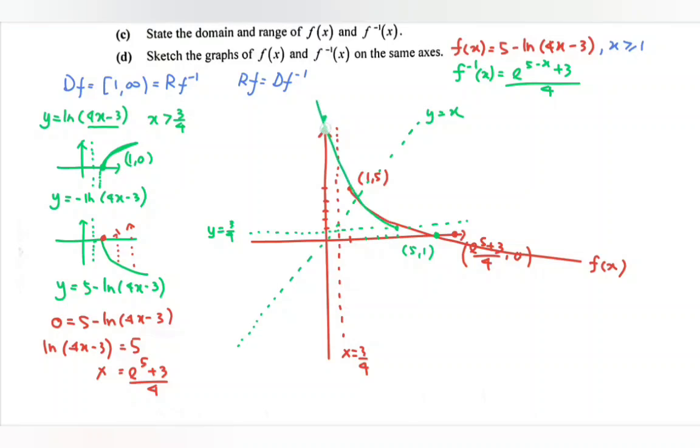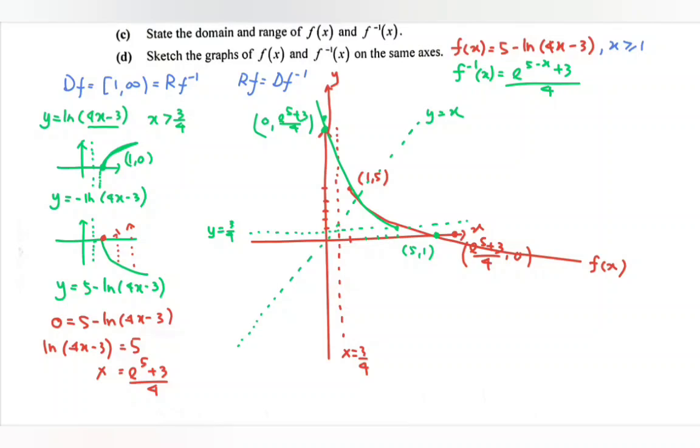So here, let's say we have the situation (0, (e to the power 5 plus 3) over 4). Here we have the y-axis, here we have the x-axis, then we must have y equals x, and then the intersection point, and also the asymptote for the y and also the x. So basically that is the graph.